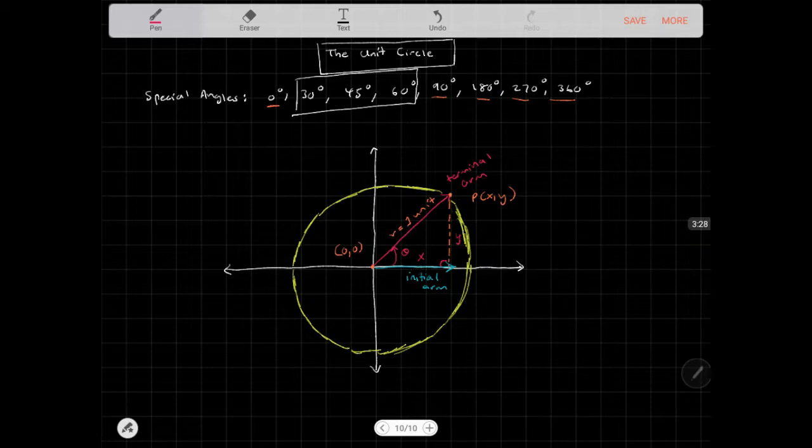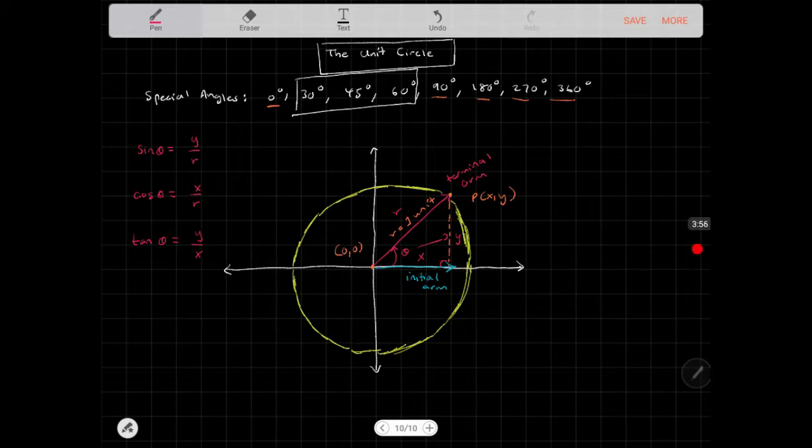Therefore, the ratios of the angles are as follows. Sine theta, calling this guy r, is opposite over hypotenuse, so it's y over r, right? Cos theta is basically x over r, and tan theta is basically y over x, okay?